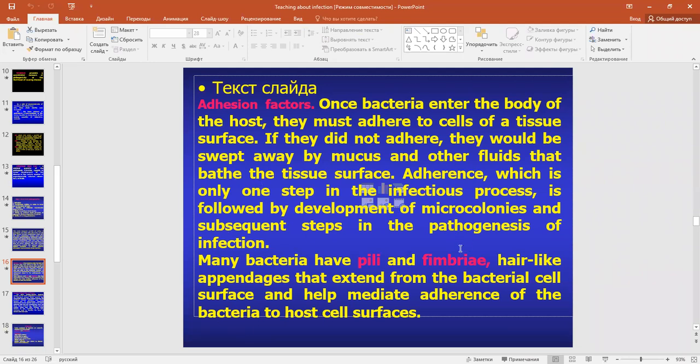Adherence, which is only one step in the infectious process, is followed by development of microcolonies and subsequent steps in the pathogenesis of infection. Many bacteria have pili and fimbriae, which we did study, hair-like appendages that extend from the bacterial cell surface and help mediate adherence of the bacteria to the host surface. So, many bacteria have fimbriae for adhesion.